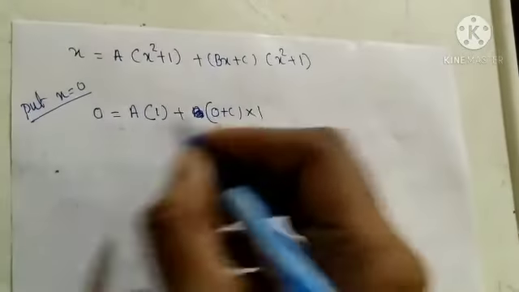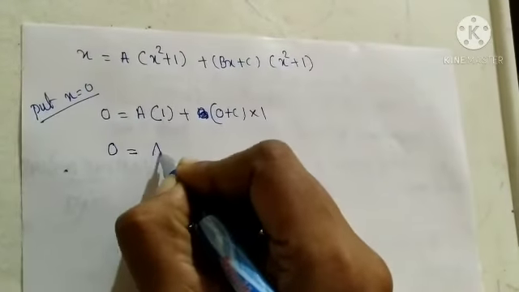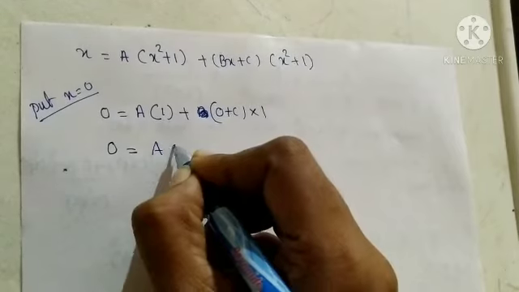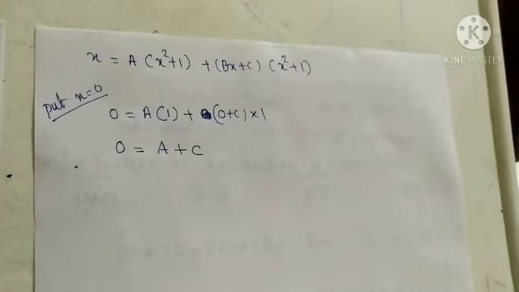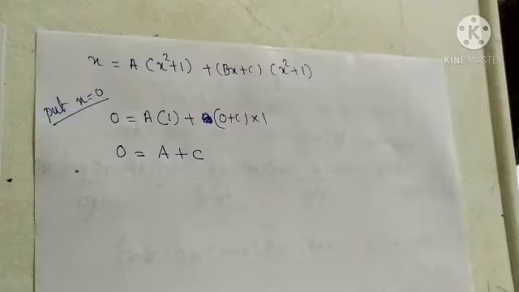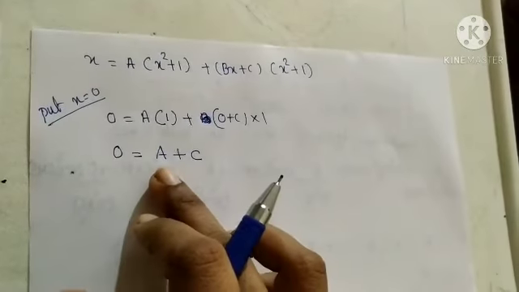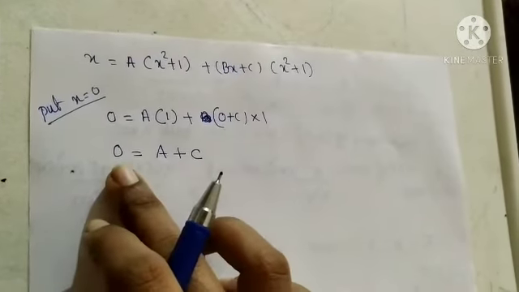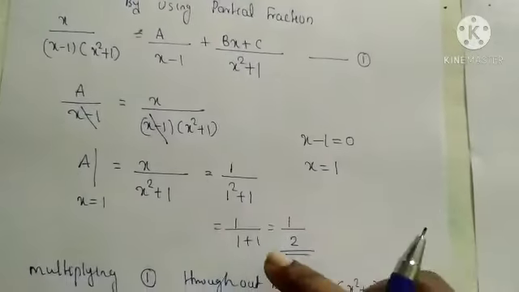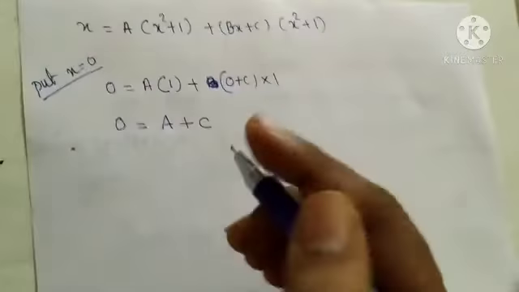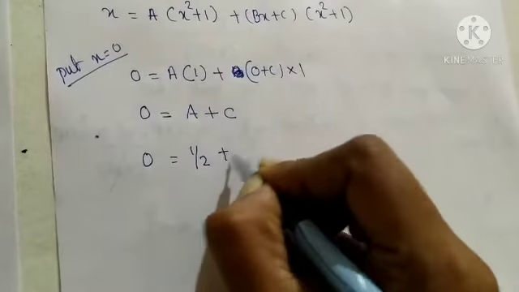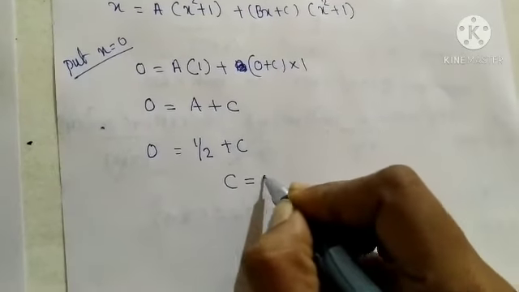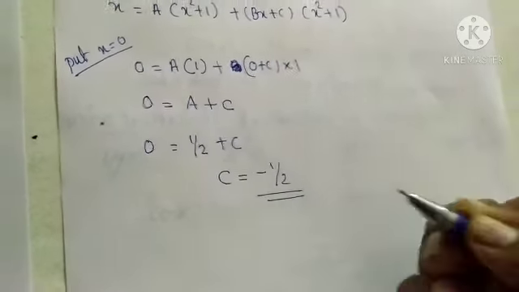Okay, so 0 equal to a plus c. If we put x equal to 0, here we get the equation a plus c equal to 0. Okay, and we know that the value of a is 1 by 2. So substituting a equal to 1 by 2 here, we get c as minus 1 by 2.